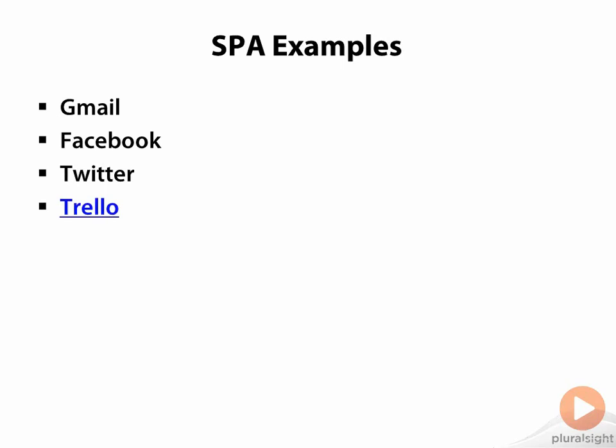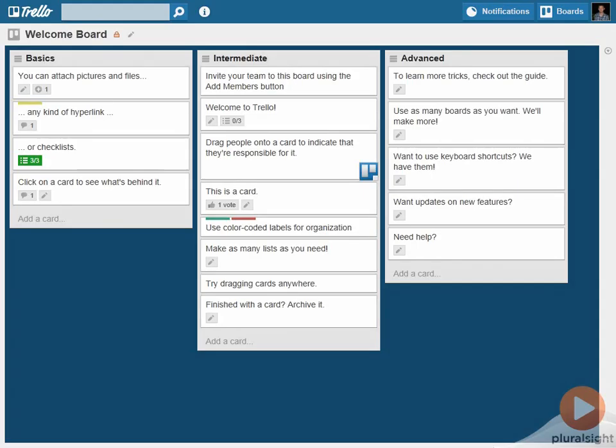Trello is a fancy to-do list application. Let's have a quick play with Trello so you can see what an SPA is like. This is Trello. Trello is a web app used to manage lists of anything. Here I have 3 lists: basics, intermediate, and advanced. Each list has a number of cards.